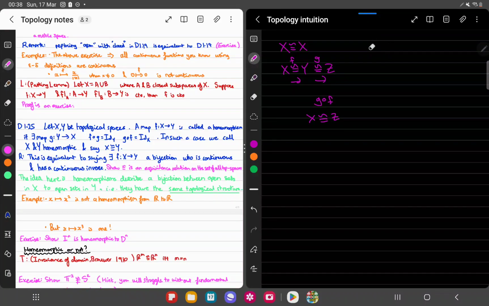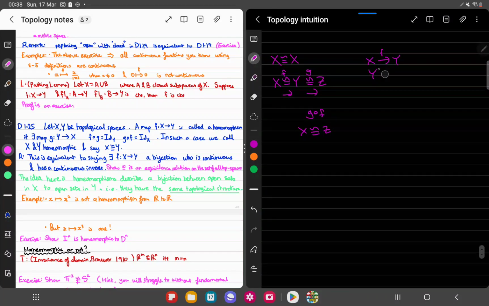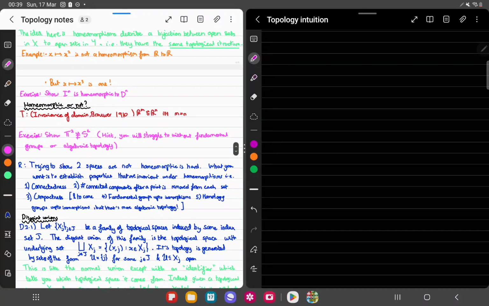So if I went from X to Y by f, then Y to X by f inverse is a homeomorphism from Y to X, I suppose. And so the top line would say this implies Y is homeomorphic to X. So yeah, this is really not that exciting. It's quite straightforward. You just have to show that something is an equivalence relation.